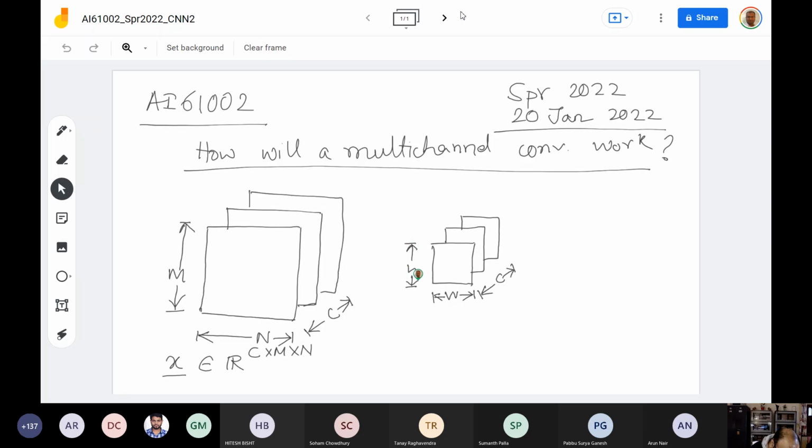Now for this convolution kernel, I will not be using W anymore. What can we use? Tell me some alphabet which we can use. I don't want to use W again, because it will lead to confusion.